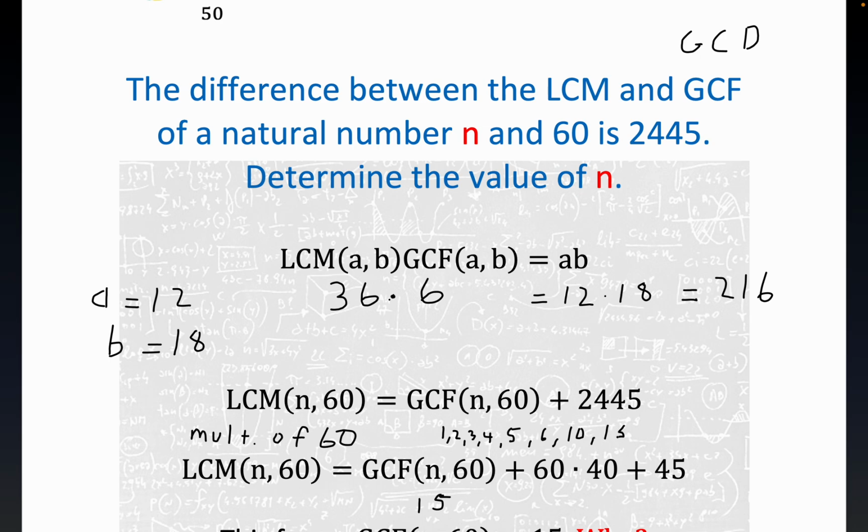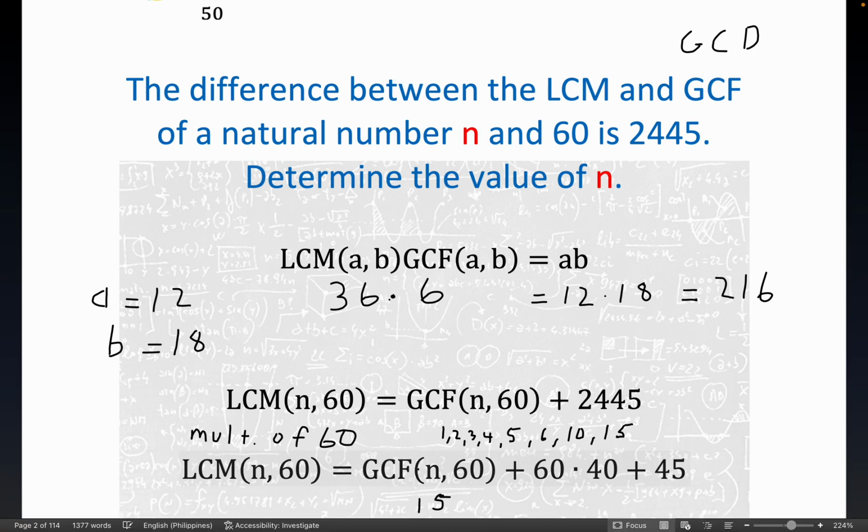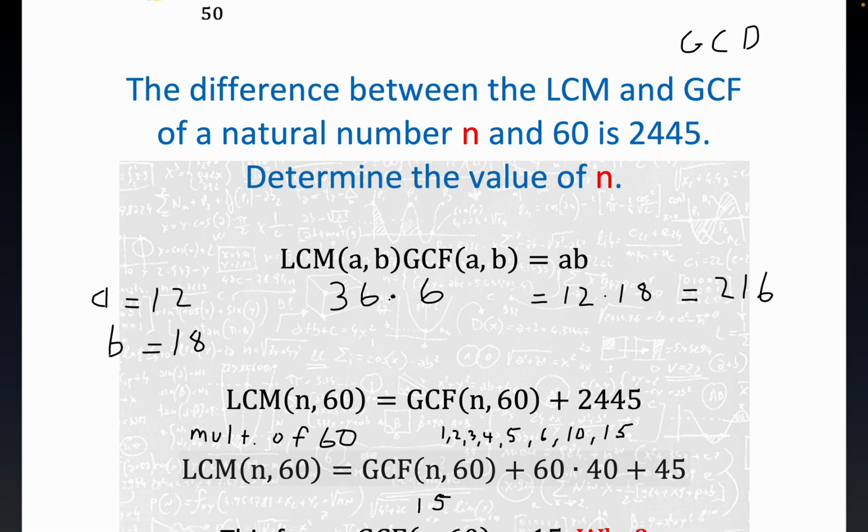In other words, the greatest common factor not only has to be a divisor of n, but it has to be a divisor of 60, so it would have to be in this list. 30 and 60 would be in the list, but that wouldn't make this a multiple of 60, right? We need to add something that will make this a multiple of 60. The only number in the list would be 15. So we know just like that the GCF is equal to 15.